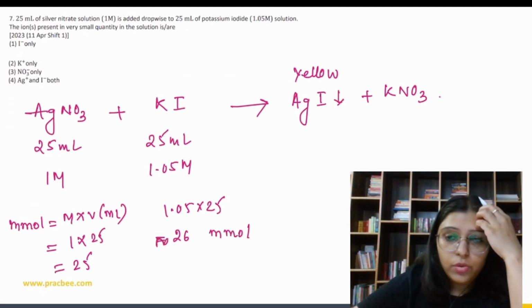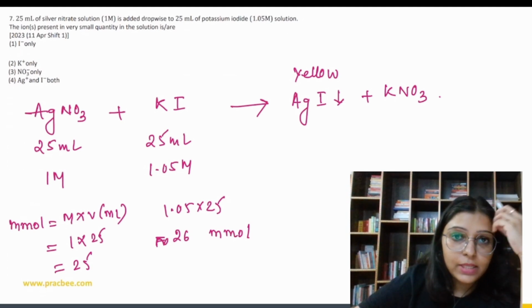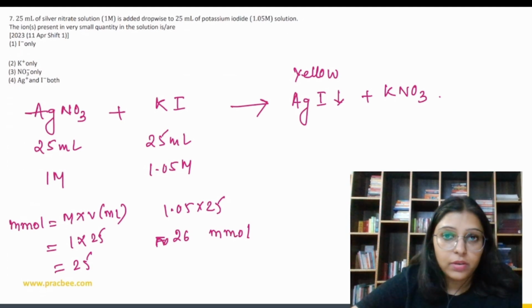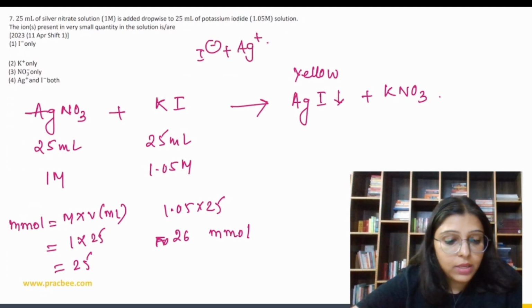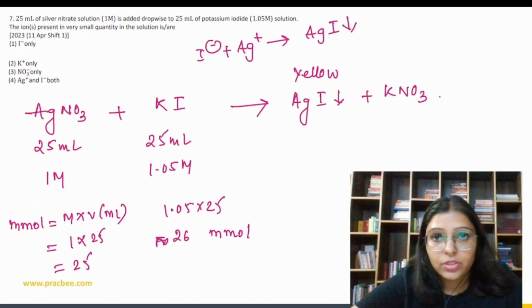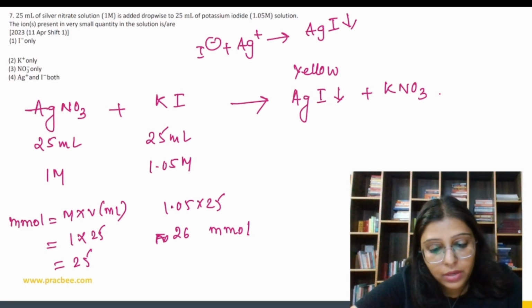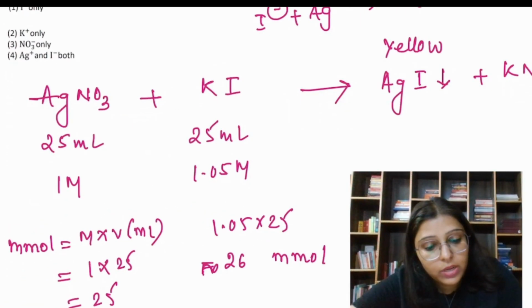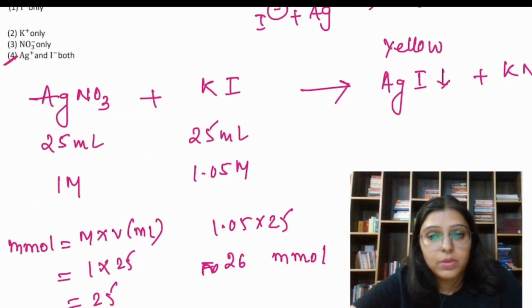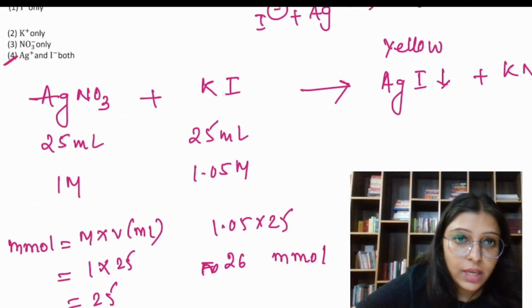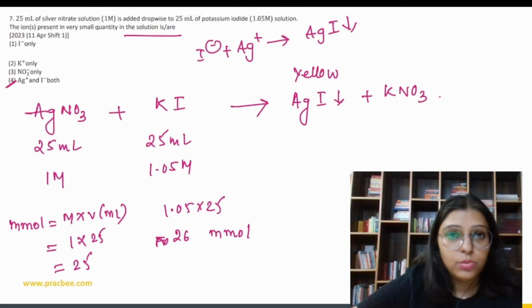So when you add AgNO3, then I minus from KI combines with Ag plus to give the AgI precipitate. So it is the precipitation reaction, double displacement reaction. Then what is going to happen? The ion present in very small quantity in the solution is going to be Ag plus and I minus only.